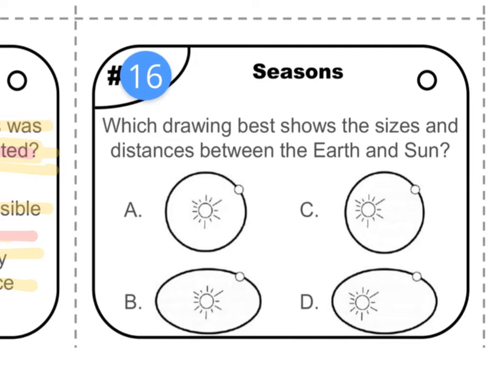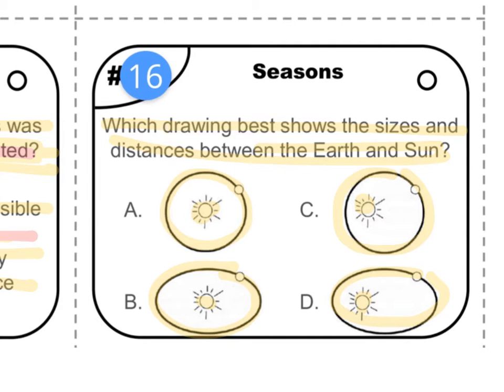16. Now I kept getting this one wrong. Which drawing best shows the sizes and distances between the Earth and the sun? Well, is it A, B, C, or D? And notice the sun on each of those.